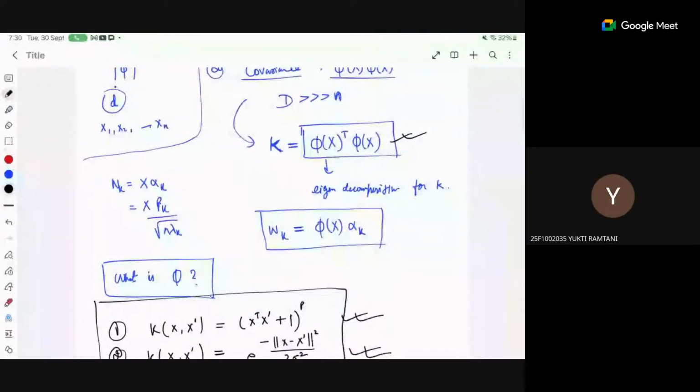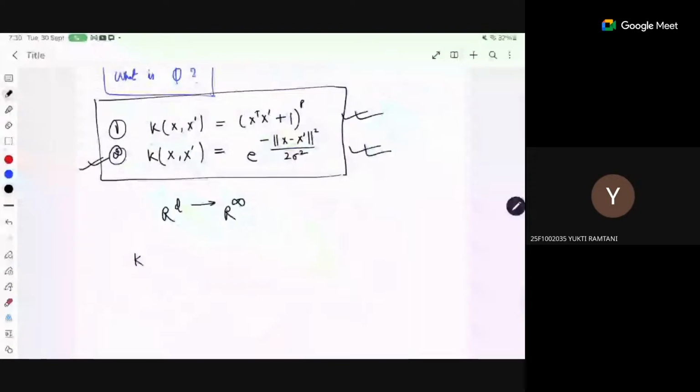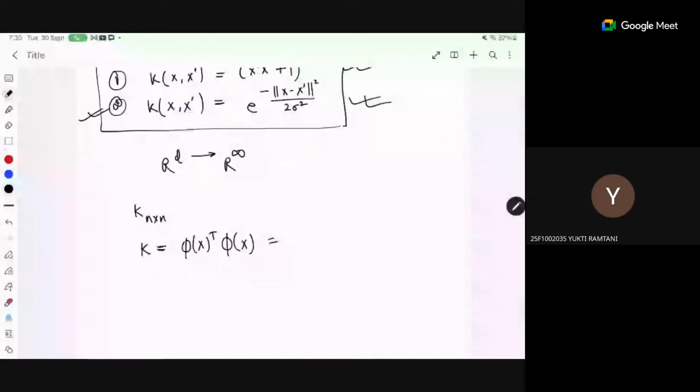Now, this K should be a matrix, right? K is phi of x transpose phi of x, and it should be an n cross n matrix.